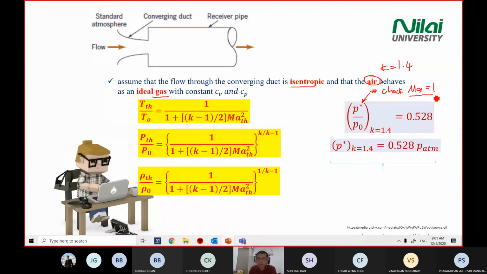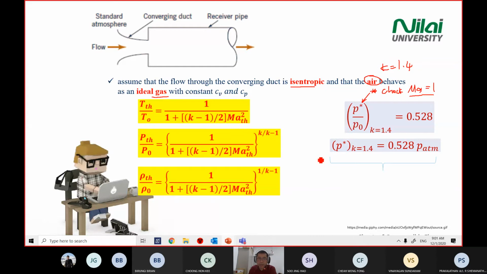Again, every time you use Mach number 1 in these three equations, you need to modify your equation with the star on top for all the top parameters. So this is the strategy we use to solve. Every time you use Mach number equal to 1, you modify the term above the ratio to become a star. And then the rest is just a mathematical statement. For example, for the column K equal to 1.4, you are looking at K value 1.4 and at the choke point or critical point, Mach number equal to 1.